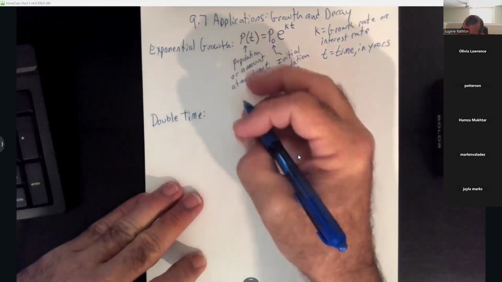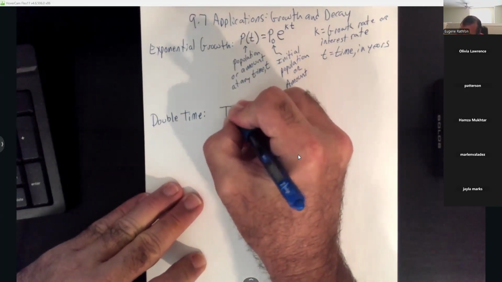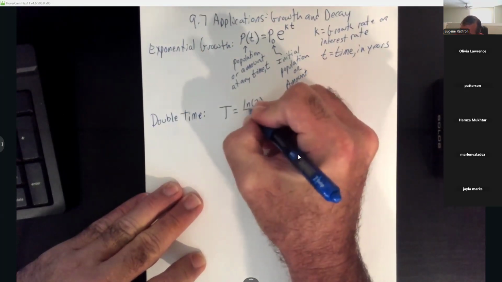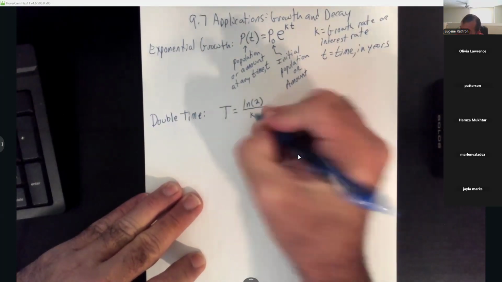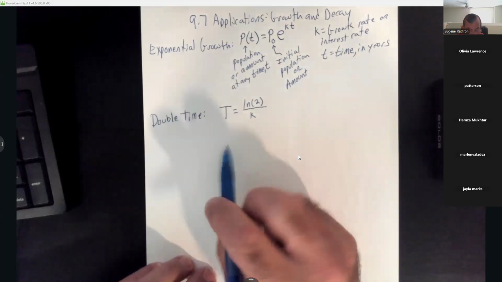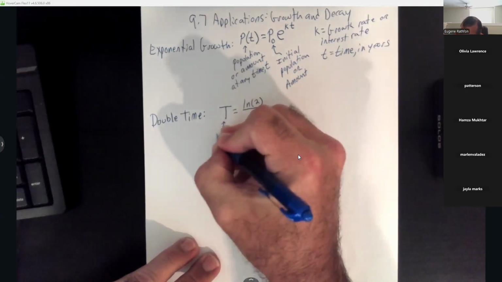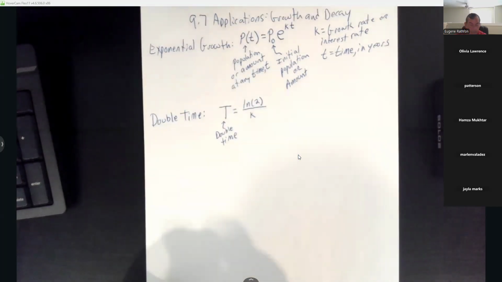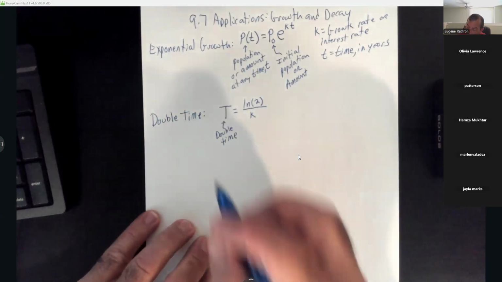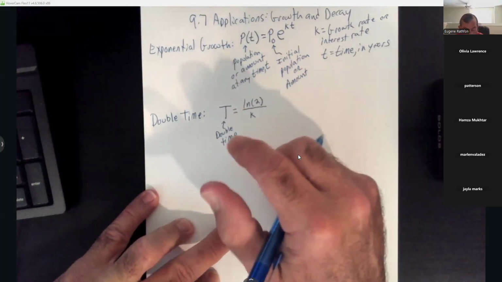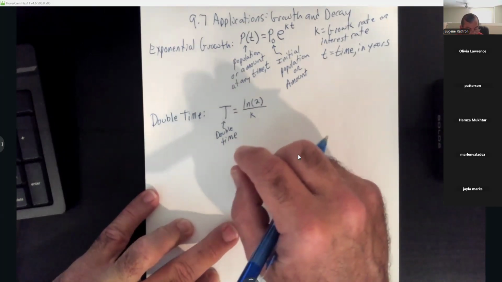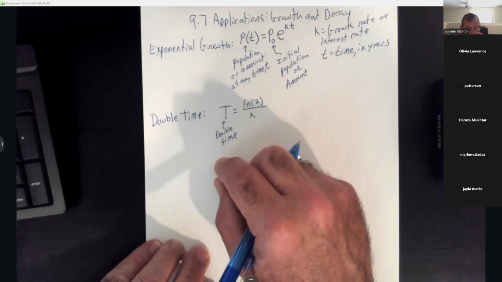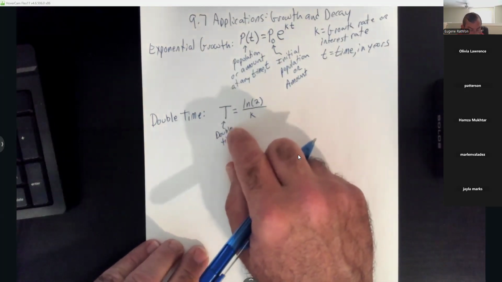So to find a double time, our formula would be capital T equals ln of 2 divided by K. So capital T stands for double time.